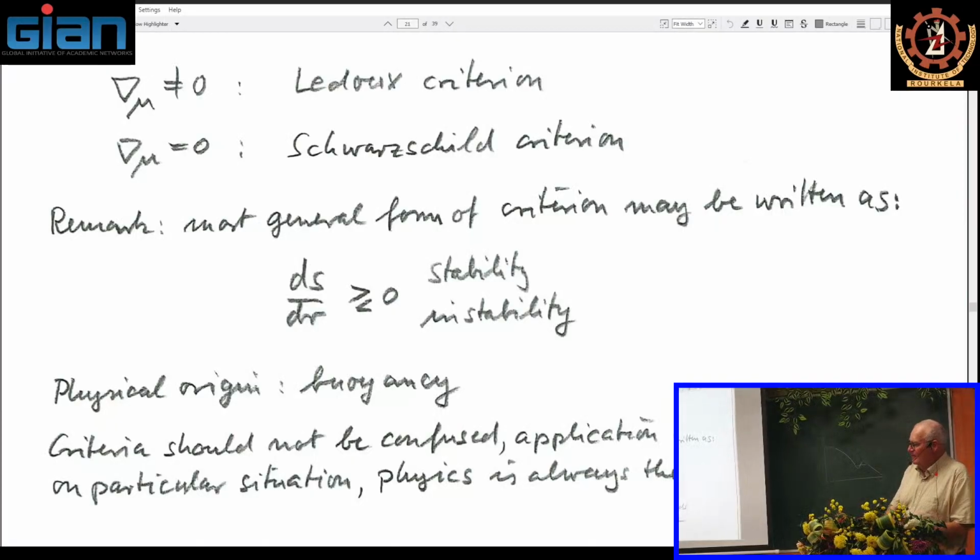Okay, sorry, this was a little bit exhausting, I think. But you can consider all these different criteria from one point of view: buoyancy, and the mechanism to derive it is exactly the same in all these cases.